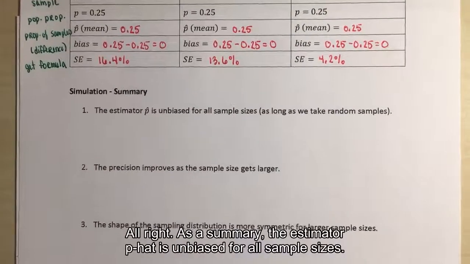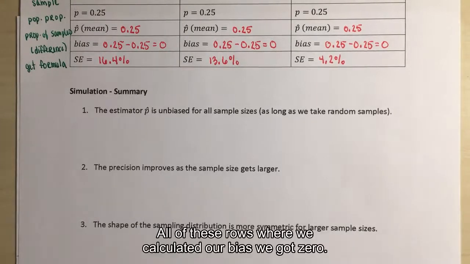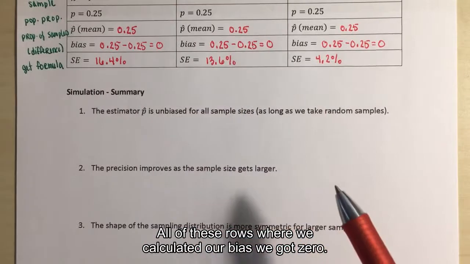All right, so as a summary, the estimator p hat is unbiased for all sample sizes. All of these rows where we calculated our bias, we got 0.